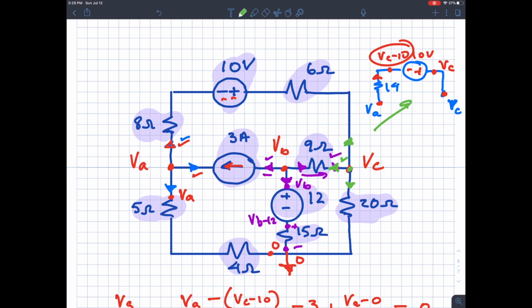It's the same idea. Here's VC. We move this over. Here's VC minus 10, plus minus 10, and we get to the 14 ohm drop. But we want things going this direction this time, so it would be VC minus 10 minus VA, divided by 14.